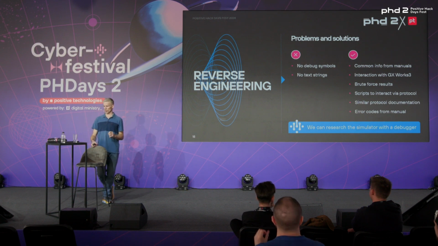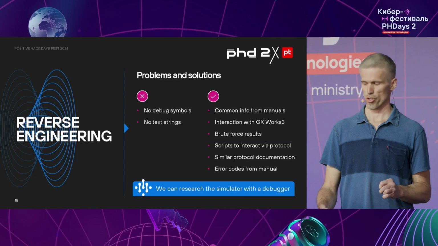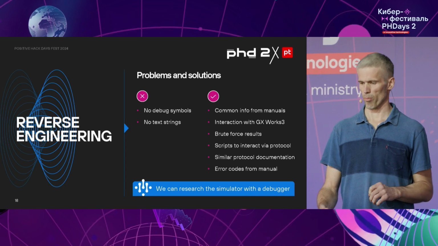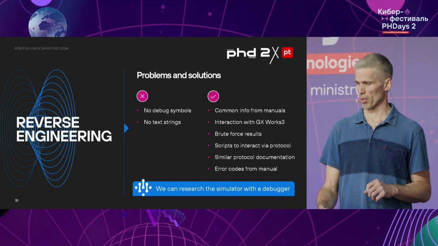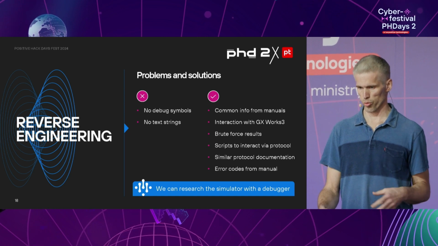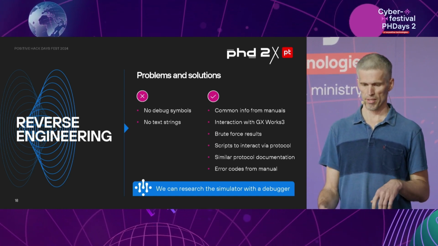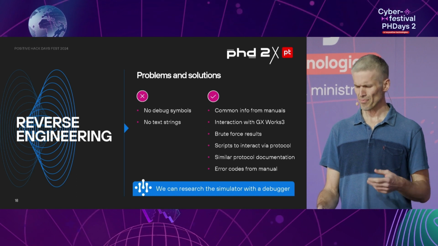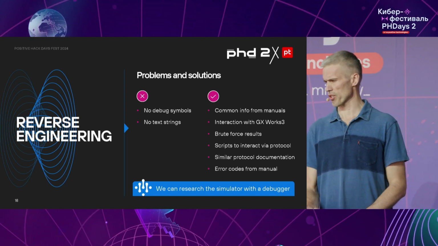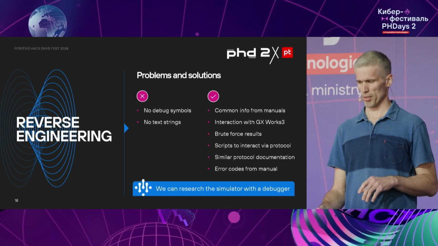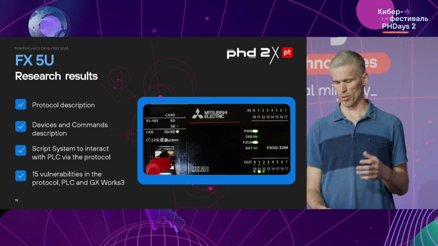Then I proceeded with reverse engineering. I got lucky again. The simulator didn't have any text strings. But all my earlier findings, the brute force and the manuals, helped a lot. So I explored this simulator with a debugger.